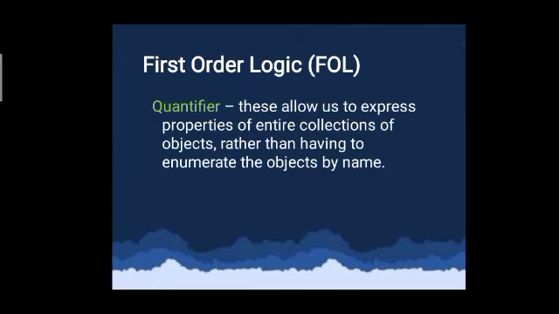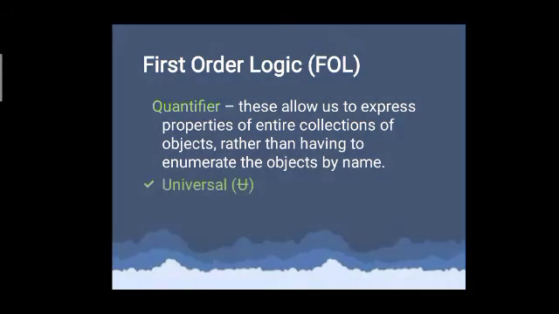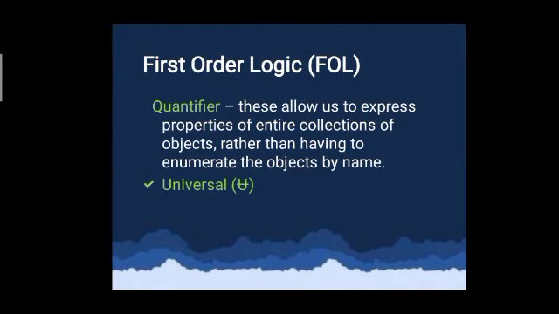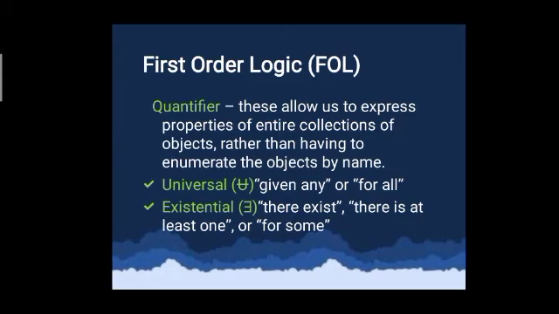In first order logic, there are two standard quantifiers, the universal and the existential. The universal is a type of quantifier which is interpreted as given any or for all, while the existential quantifier is interpreted as there is at least one or for some.